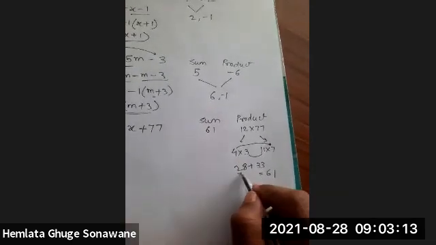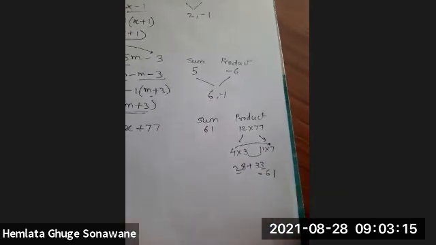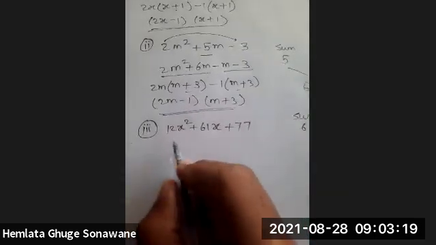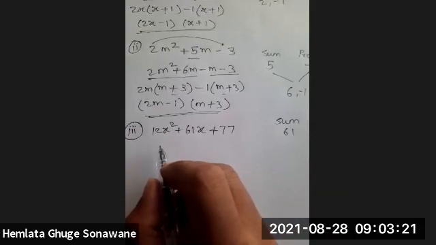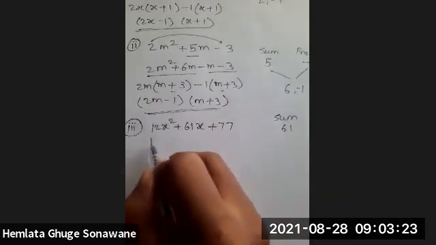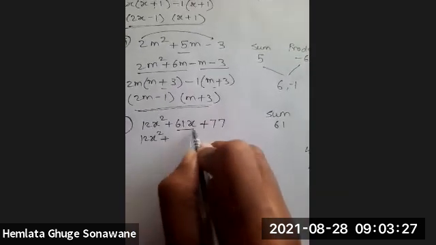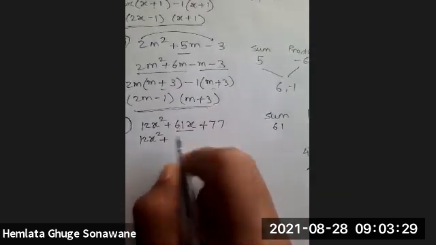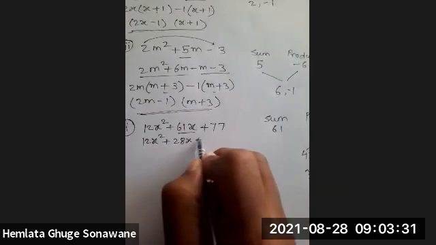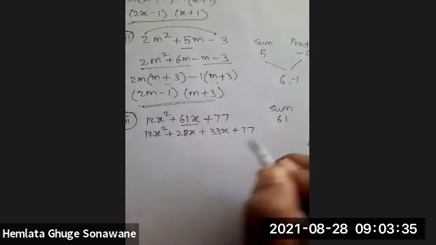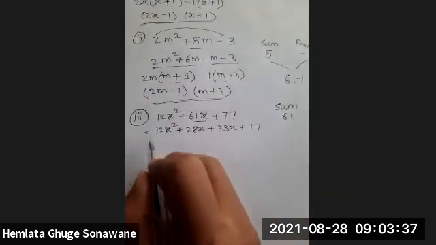So we'll use 28 and 33 as the two factors. We'll write 12x square as it is. Then we'll split 61x into 28x plus 33x, plus 77 as it is.